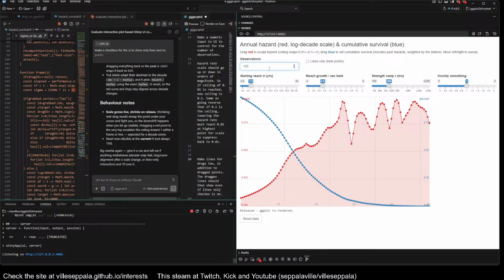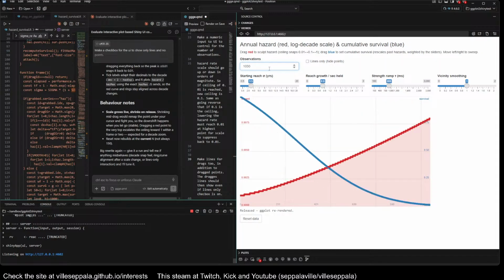So let's look at what happens if we add numbers of observations. Yeah, so here I think these should be, because now these reach values are not relative to the number of observations.